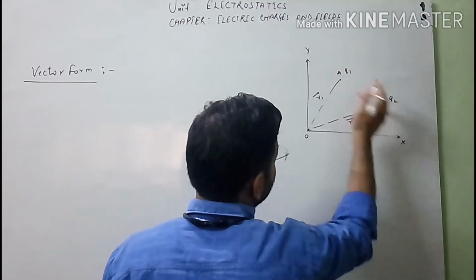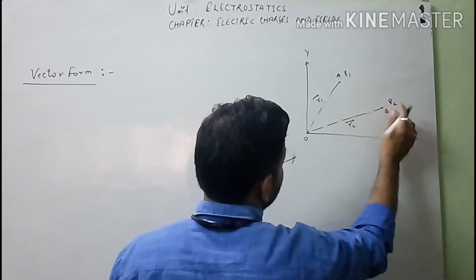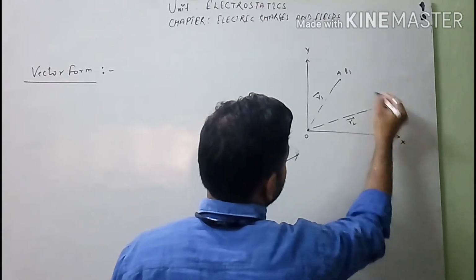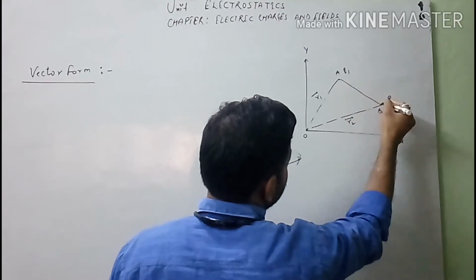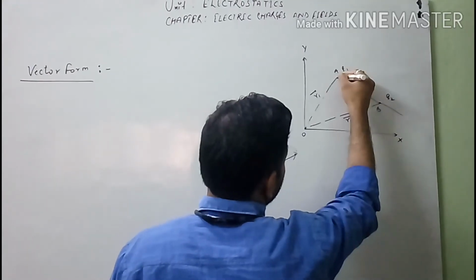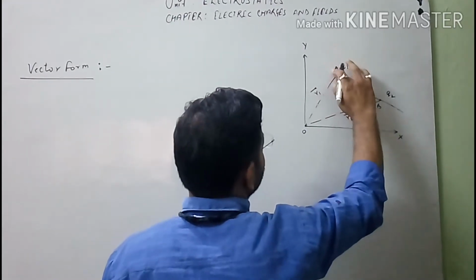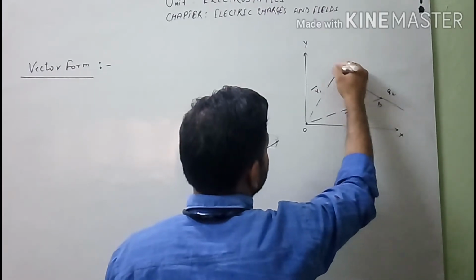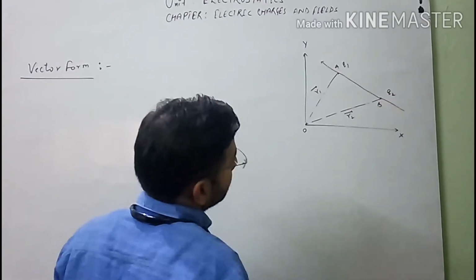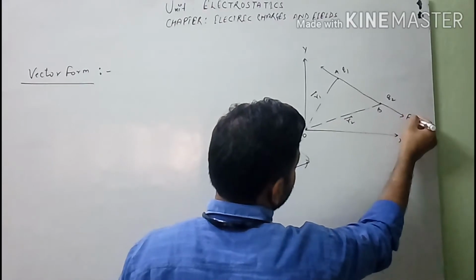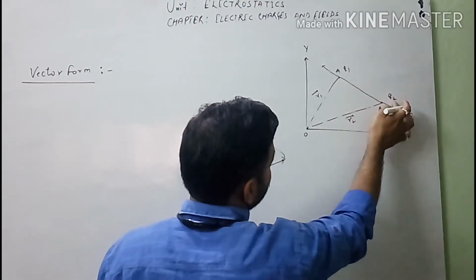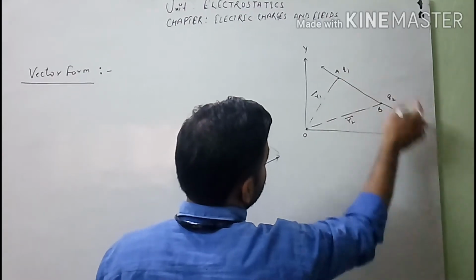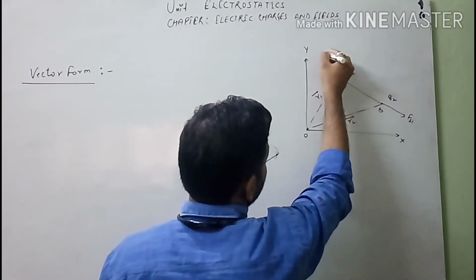Suppose Q1 is at A and Q2 is at B, and when I join them this is our AB. Because I consider these two charges positive, the force between them is repulsive. Let us suppose that the force acting on Q2 by Q1 is F21 and the other is F12.